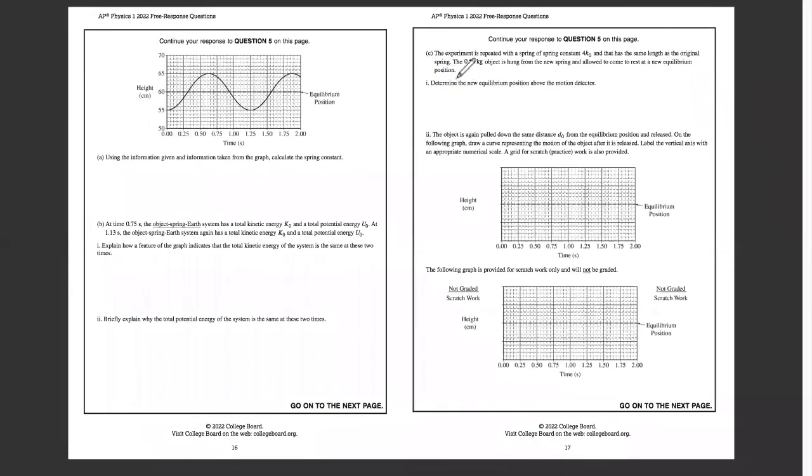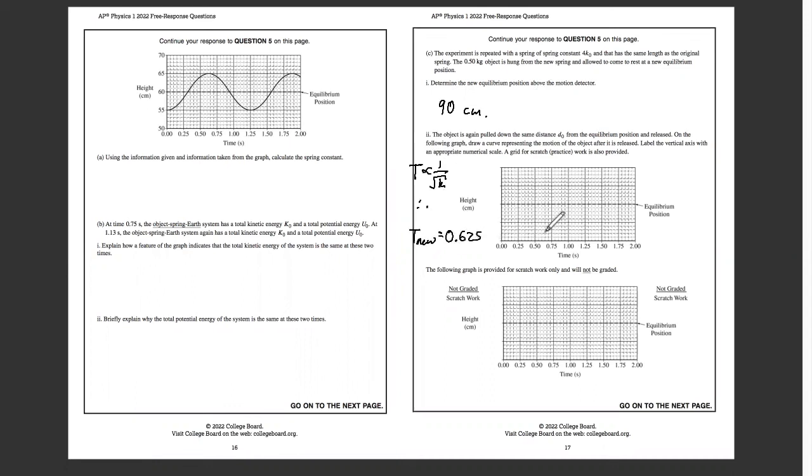All right, so for part C, part 1, we determined that the new equilibrium position was 90 centimeters. It says that the object is pulled down the same distance from the equilibrium position and released. Draw a new curve. Well, period is proportional to 1 over root k. Therefore, the new period is actually going to be half of the old one.